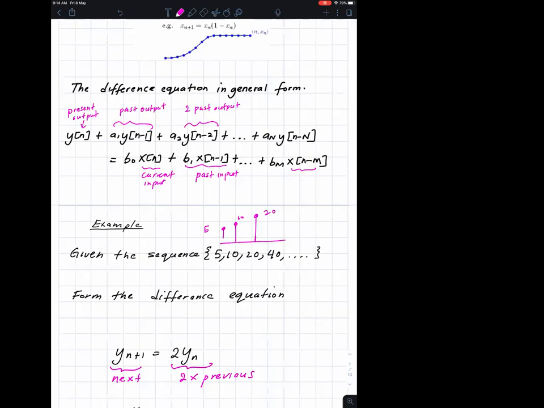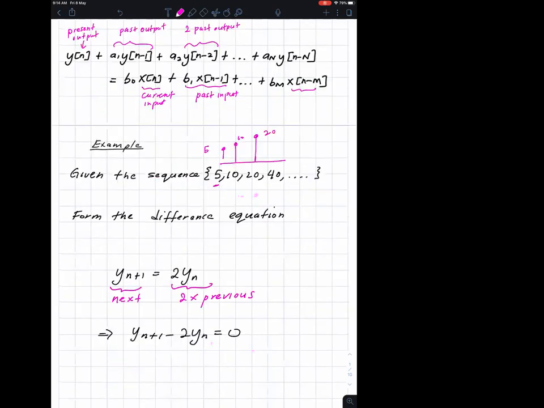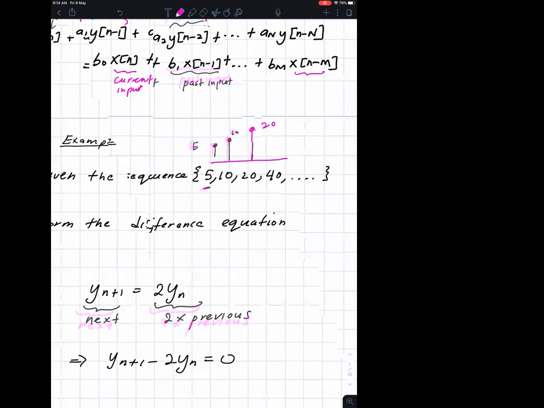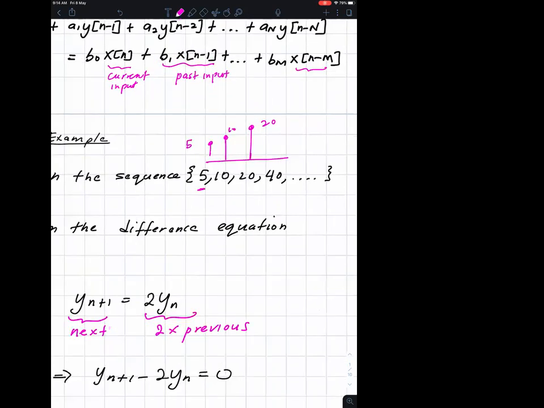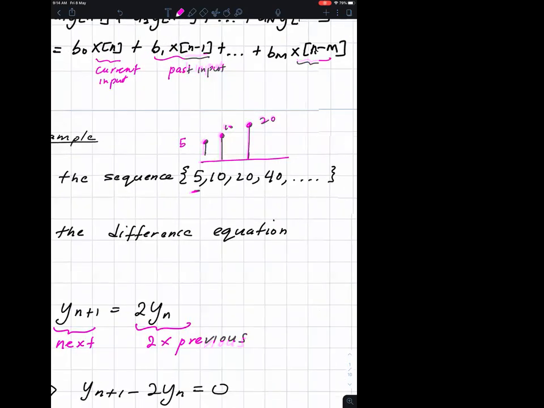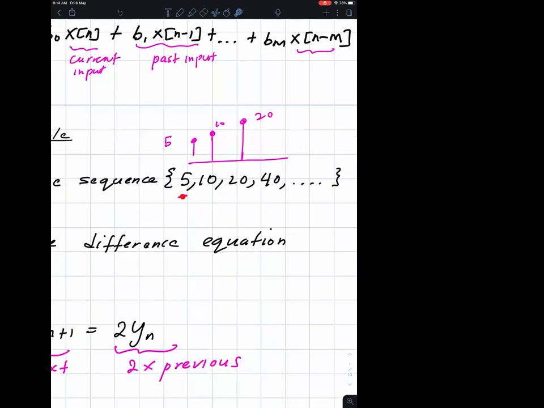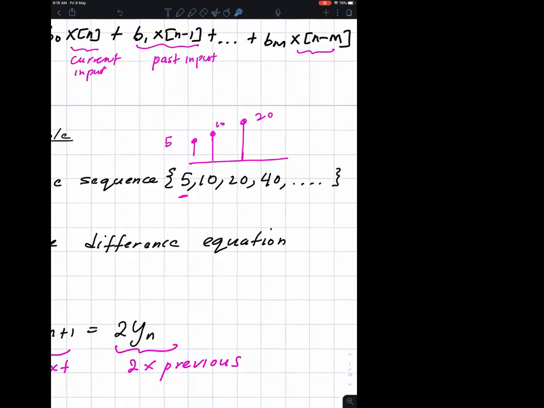So how can you write a difference equation for this? If you look at these numbers here, it's 5, and then 10, and then 20. If the current value is 5, the next value is 5 times 2. Then if this is the current value, the next value is 10 times 2.